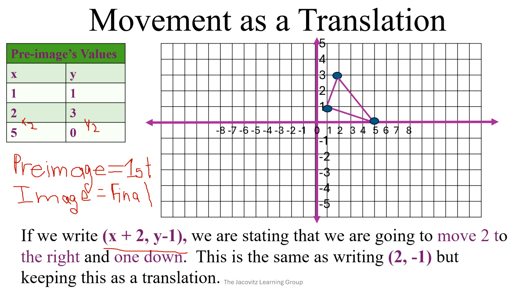It just means that all the x values, all x's, because you can only move right or left, all x values have to go positive or negative.